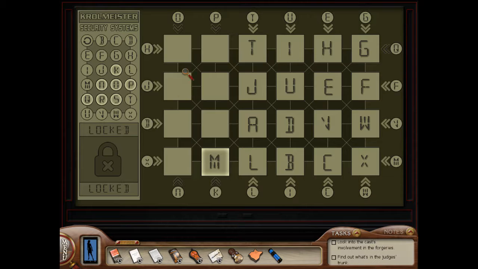We have the H. We don't have the Q. And we don't have the P or the K. So N and O are going to take up these two, so these are no longer up for grabs. So L, M, N, O, P. So P is going to go either here or here.